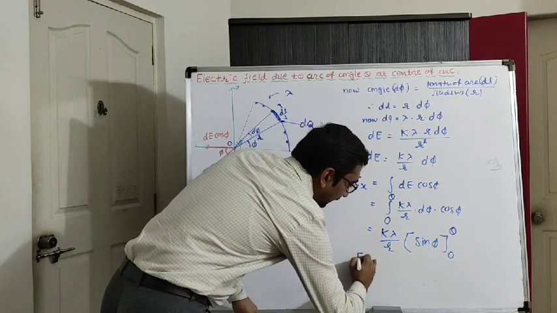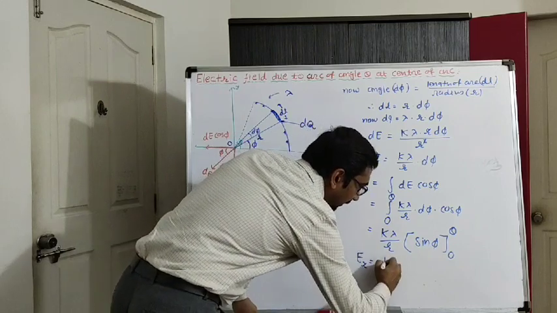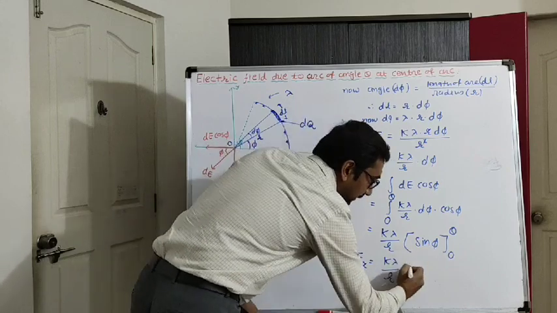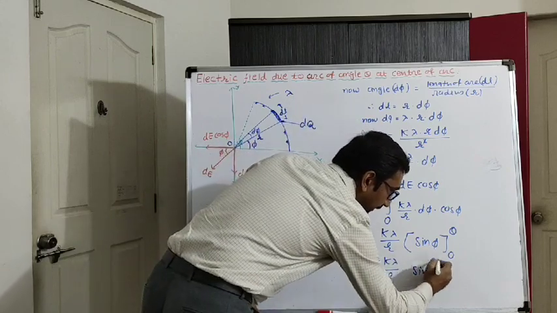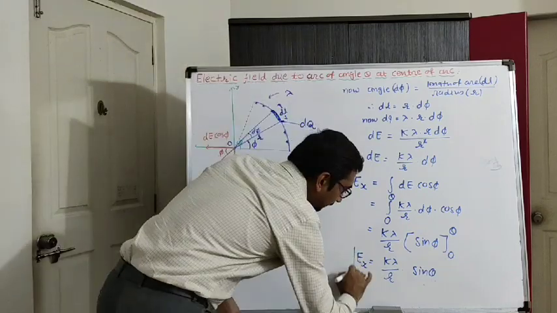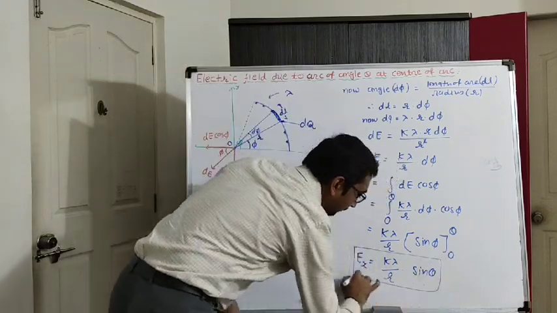So finally the x component of the electric field is equal to k lambda upon r into sin theta minus sin 0. Sin 0 is 0.